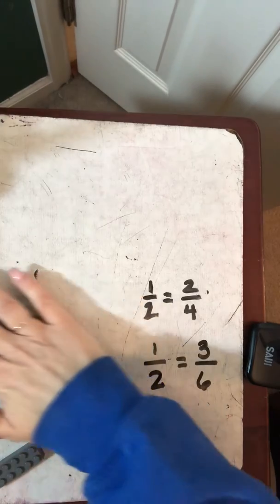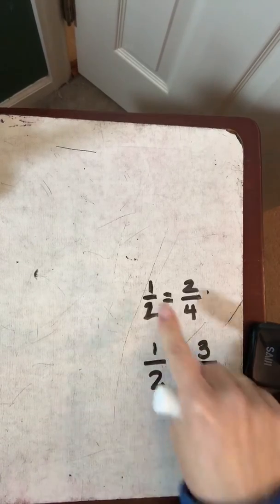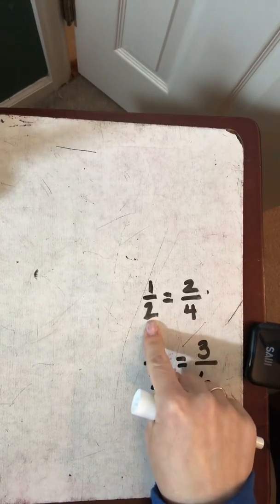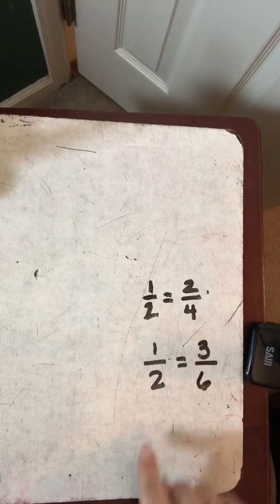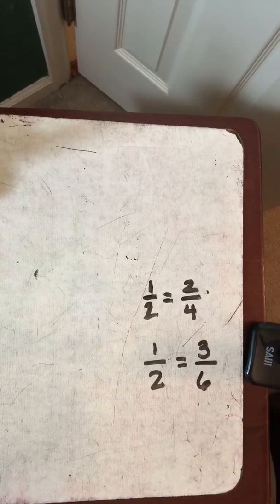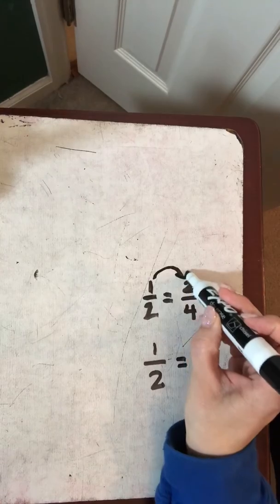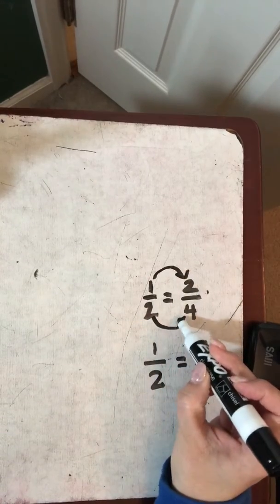I want you to look at these and see if you notice any pattern between getting from 1/2 to 2/4 or from 1/2 to 3/6. Take a second, see if you can figure out the pattern in how to get from this 1 to the 2 and from the 2 to the 4.